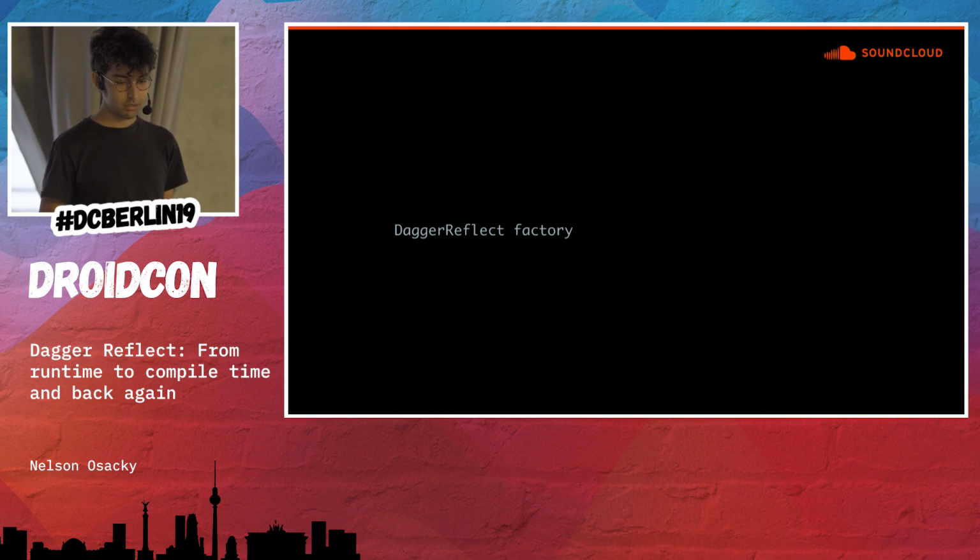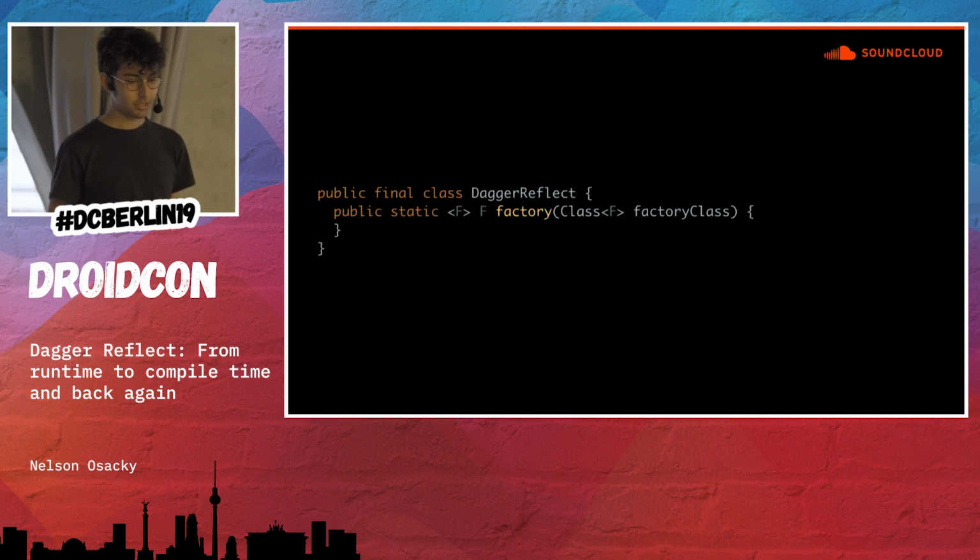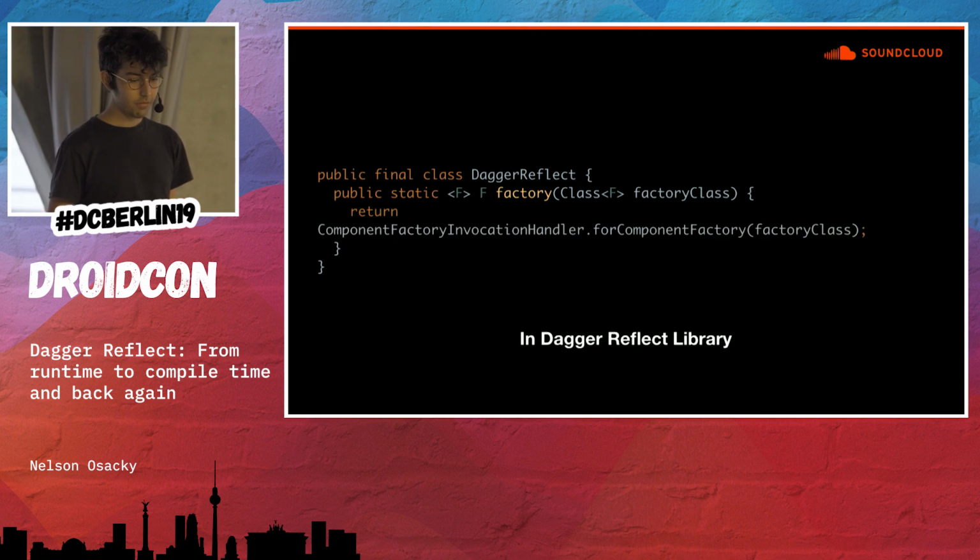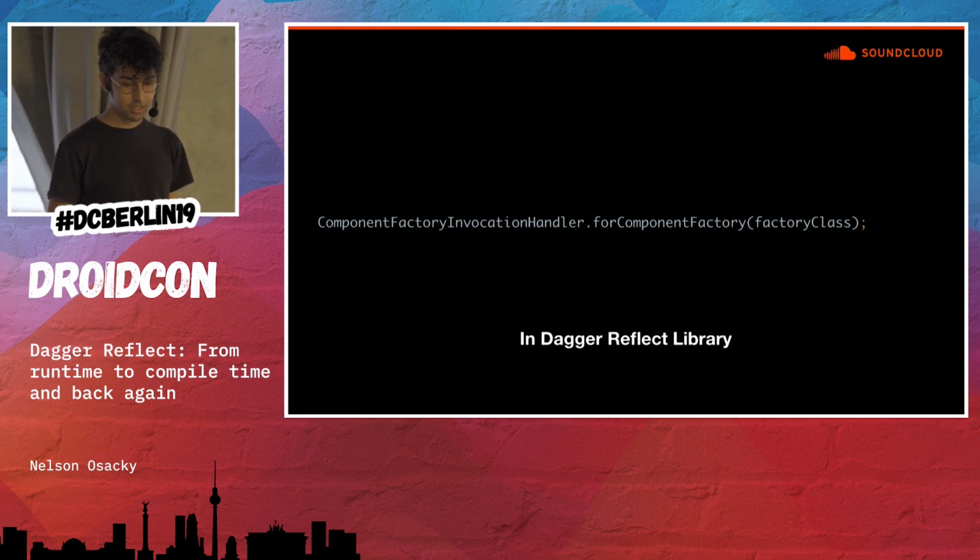And the Dagger Reflect factory is a pretty simple class. It looks like this. And it returns a component factory invocation handler. And that's where things might get confusing, but I'll explain what a component factory invocation handler is in a second.